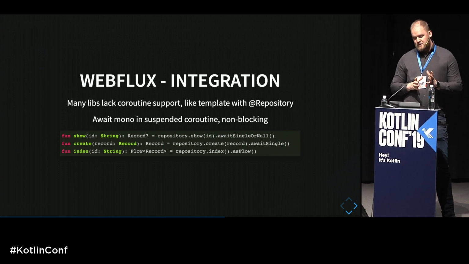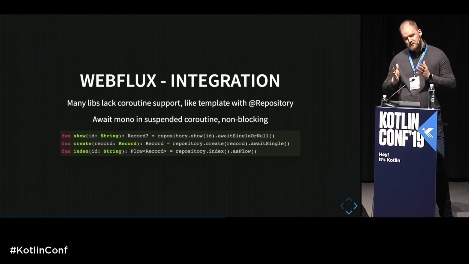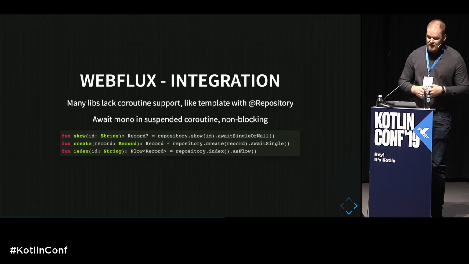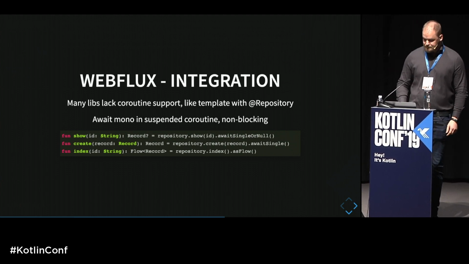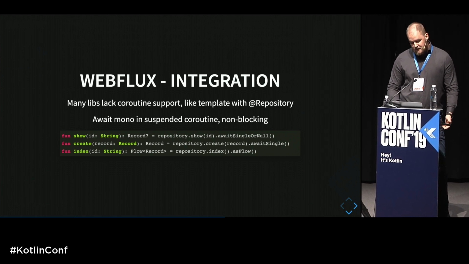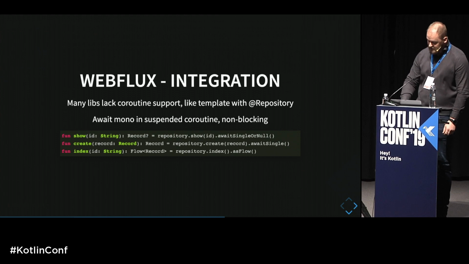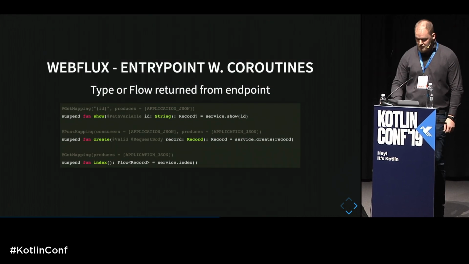And then you can interface with the API that still uses only Mono and Flux, and you can get the result that works in your suspended flow. So that's endpoints for WebFlux with coroutines. And these methods are then the ones that don't work with PreAuthorize.